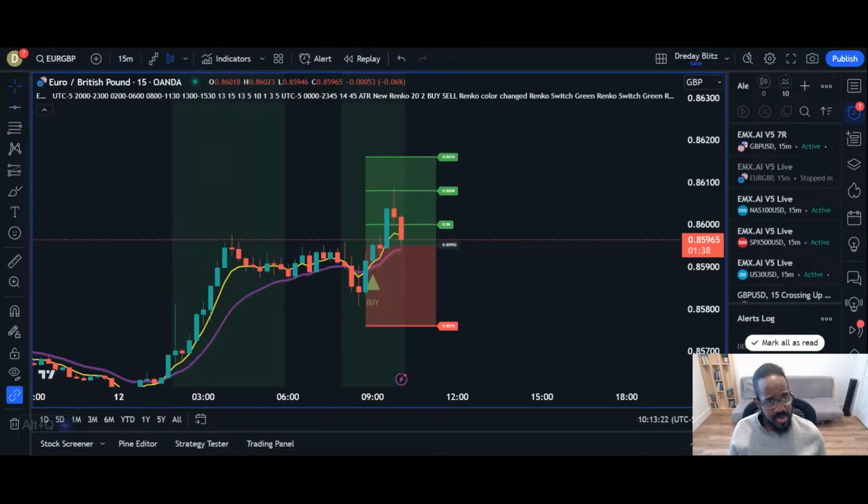So make sure to study and learn how each market is moving, because one market is not the same as the other. You're not going to have the same patterns, and that's why I'm only focusing on basically three currencies: the euro, the British pound, and the USD.